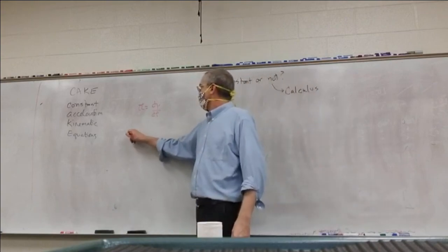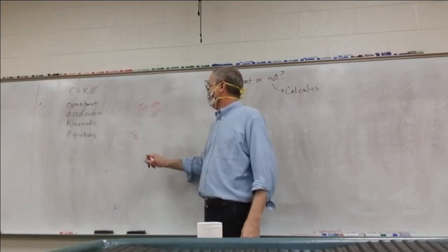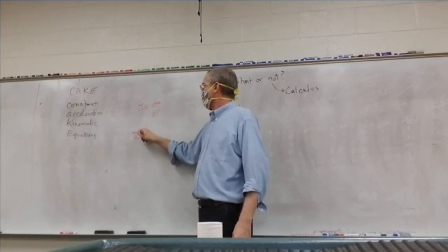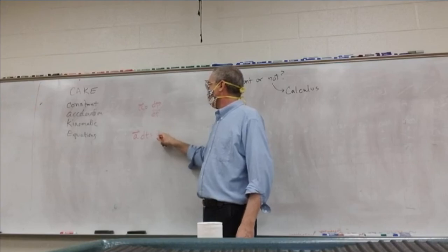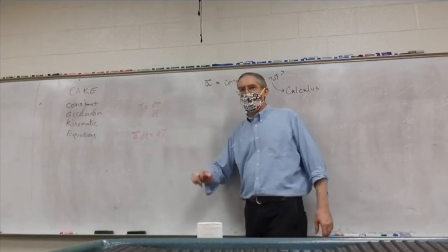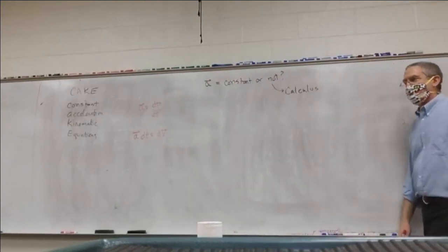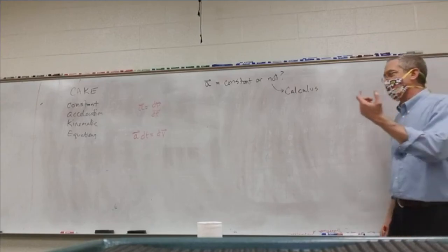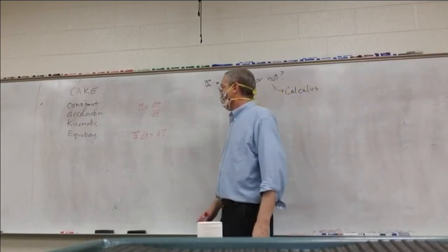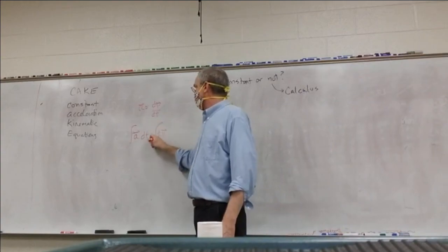So therefore, acceleration, dv, I forgot my vector symbol there. So acceleration times dt is equal to dv. Just multiply both sides times dt. Don't forget, dt is a quantity, it's just really small, but it is a quantity. And then we'll do antiderivatives.